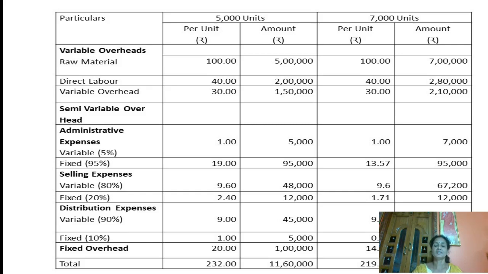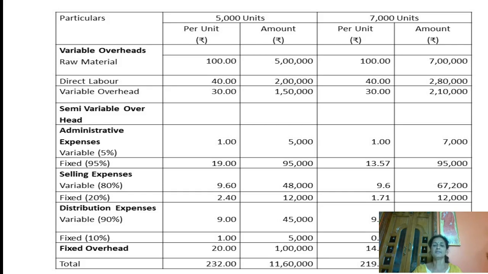Now when you come to the fixed, 20% is fixed. In 12 rupees, 9.60 goes for variable, 2.40 goes for fixed. So 5,000 into 2.40, when you multiply, the amount you get is 12,000. This 12,000 remains the same for 5,000 units as well as for 7,000 units.